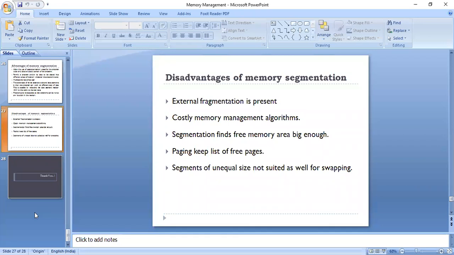And moreover, it is quite a costly memory management algorithm as compared to other mechanisms we have. Segmentation must find a free memory area big enough, so it is expensive or difficult to allocate contiguous memory to segments. When the number of segments is large, the size of the segment table will also grow.